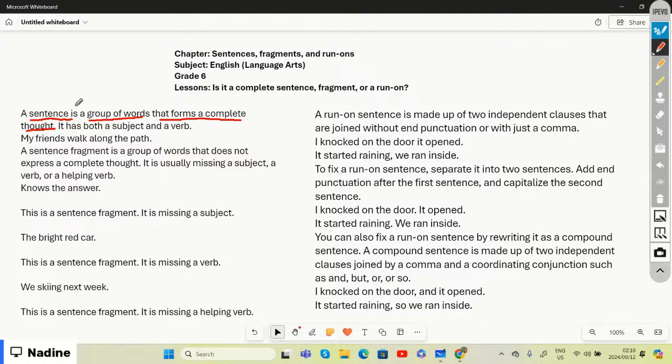And if we look at a sentence, it says, my friends walk along the path.